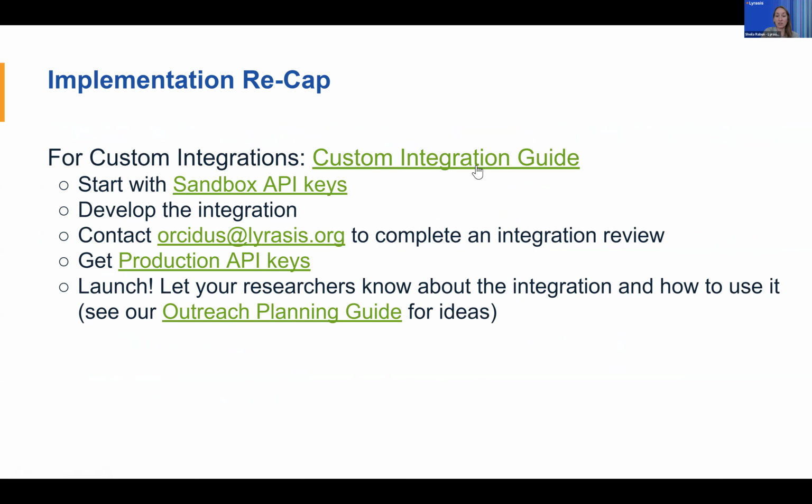So again, we have our custom integration guide that will walk you through all of the steps and link out to more detailed documentation about how to do everything. And just note, once you launch your integration, you will want to let your researchers know about it so they can use it. And we've got an outreach planning guide that can help you think through that component of doing the outreach to your researchers to make sure they know about it.